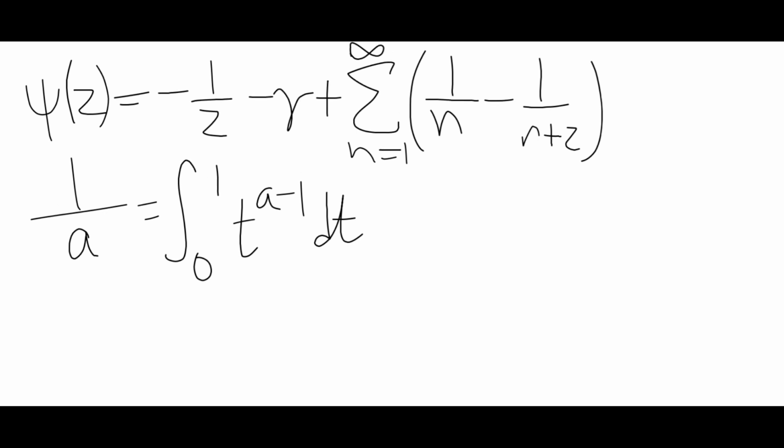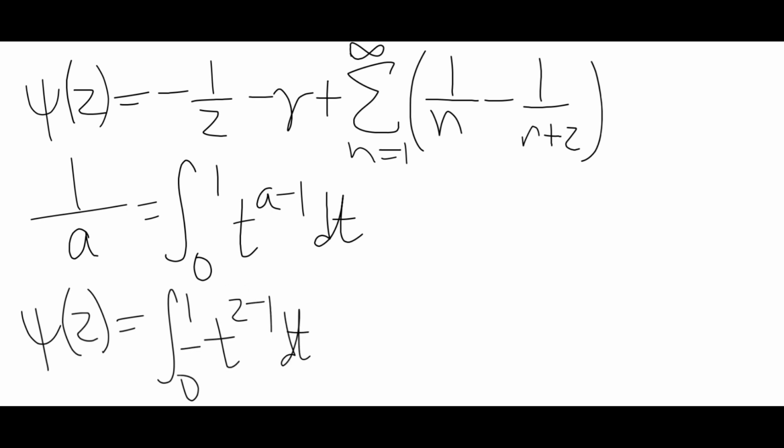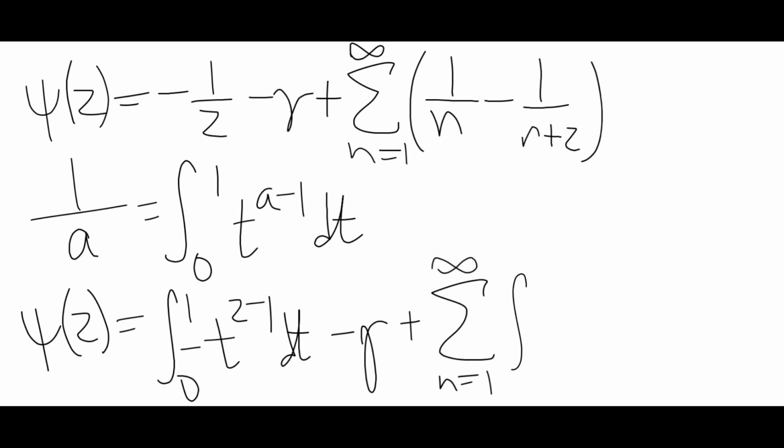So we end up with digamma of z equals the integral of minus t to the z minus 1, and then minus gamma, and then plus the sum of the integral of t to the n minus 1 minus t to the n plus z minus 1.